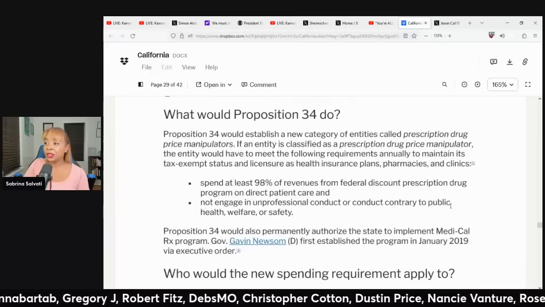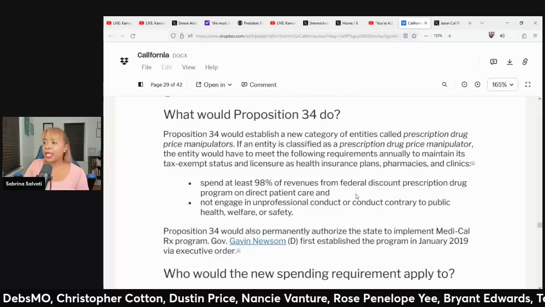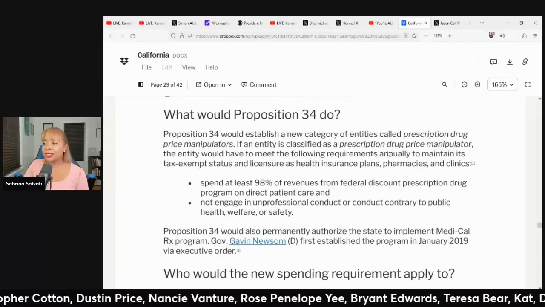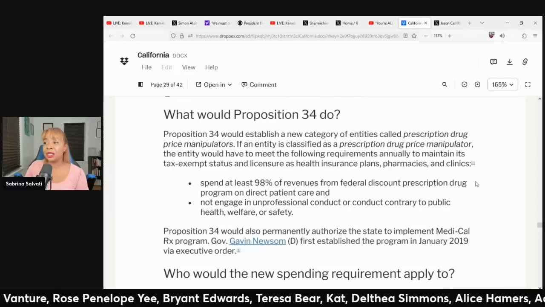Interesting. So what would Proposition 34 do? And it's interesting here. It says it would establish a new category of entities called prescription drug price manipulators.